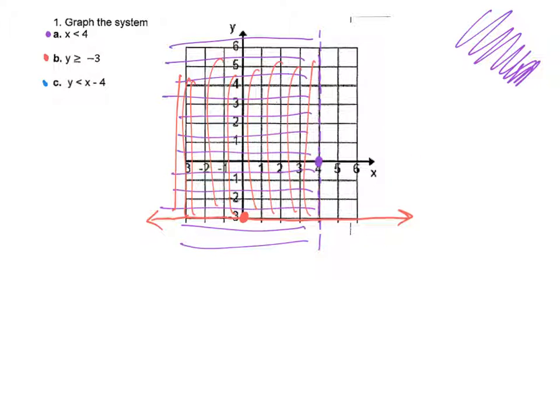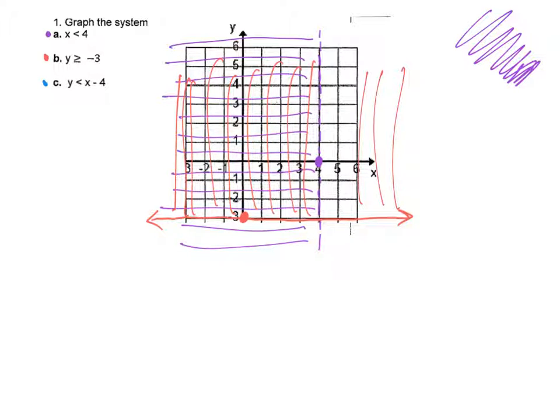You're only going to shade where there's already some color because what's the point of doing red over here? You don't need to do it. So now we're focusing in on, so we've got a rectangle right here. Purple and red rectangle.